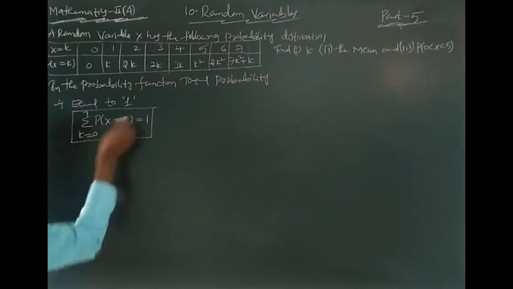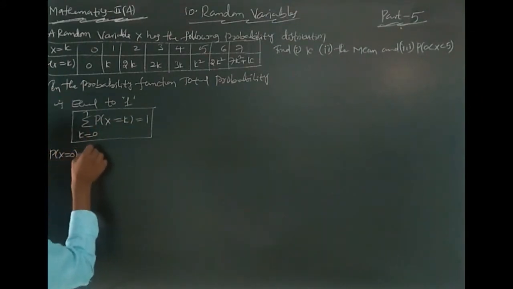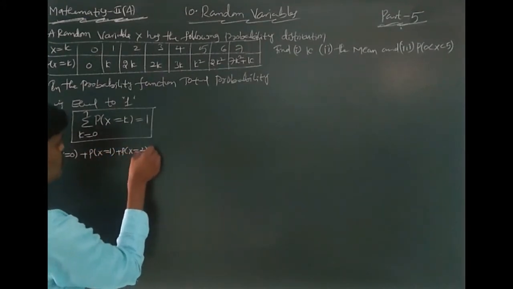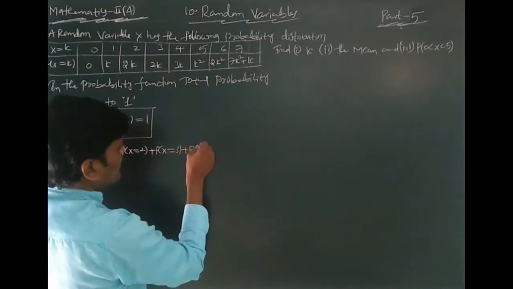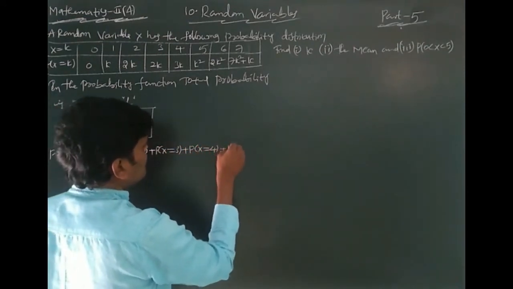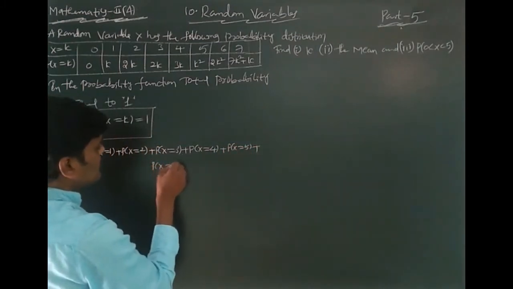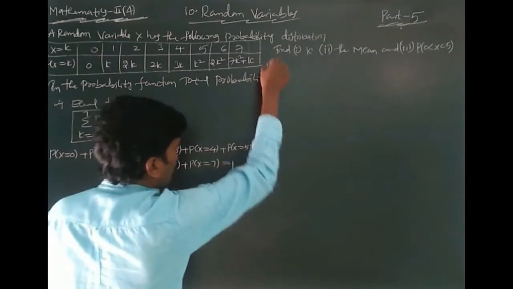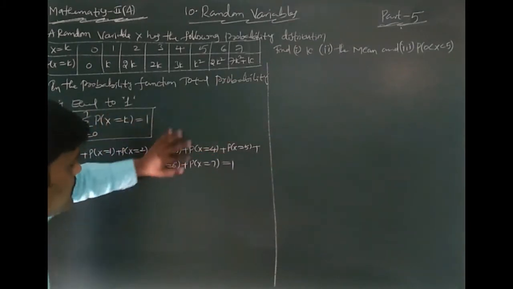That's why you simplify this one. P of x is equal to 0 plus P of x is equal to 1 plus P of x is equal to 2 plus P of x is equal to 3 plus P of x is equal to 4 plus P of x is equal to 5 plus P of x is equal to 6 plus P of x is equal to 7 is equal to 1. Understood or not? Here, the x values 0, 1, 2, 3, 4, 5, 6, 7, you substitute all values.